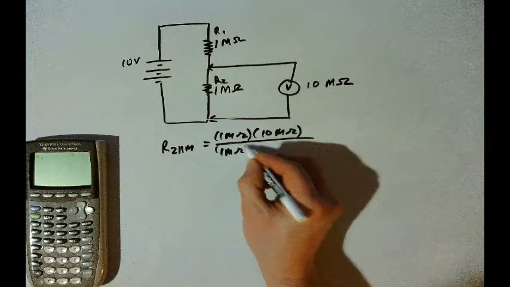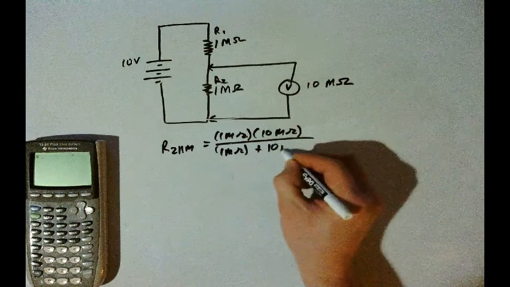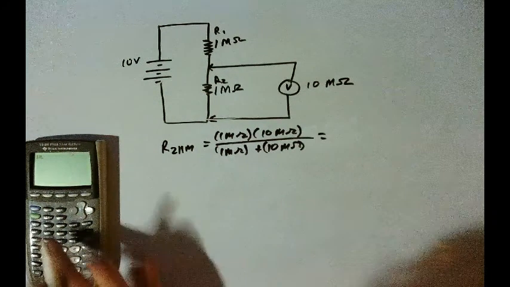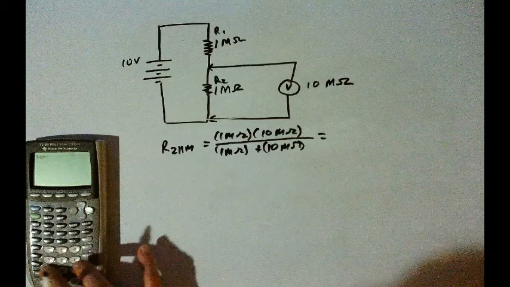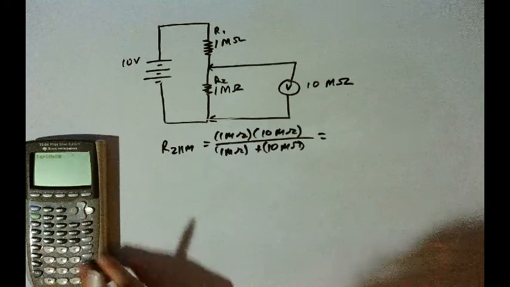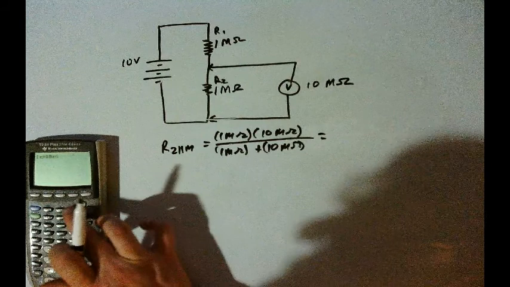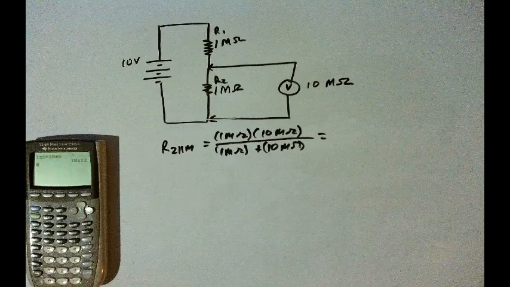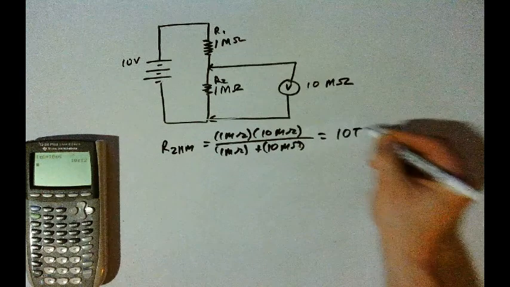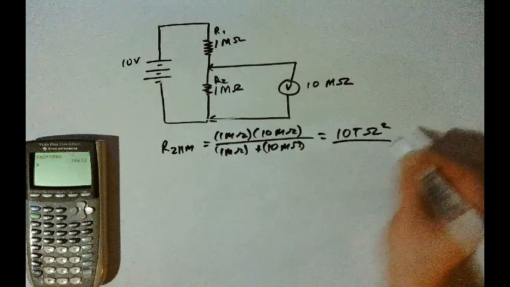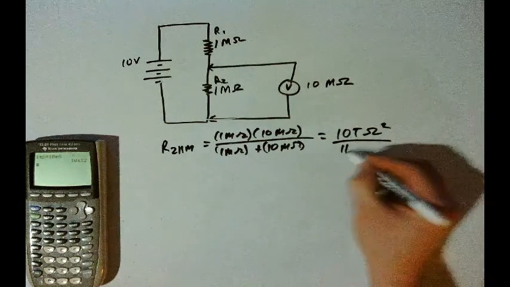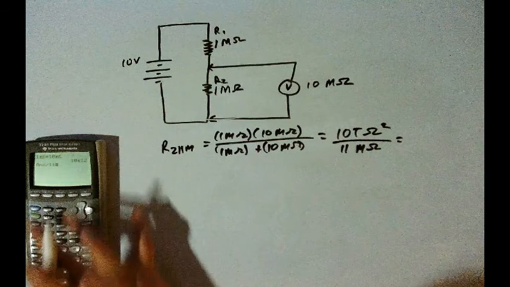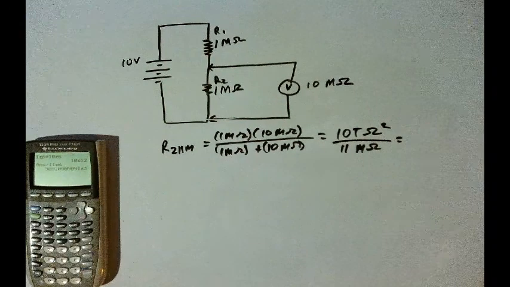And so again, 1 mega times 10 mega is 10 tera ohm squared, and 1 mega plus 10 mega is 11 mega ohms. And so when we divide by 11 mega ohms, we get 909.1 kilo ohms. Same answer that we had last time, same values, same answer.